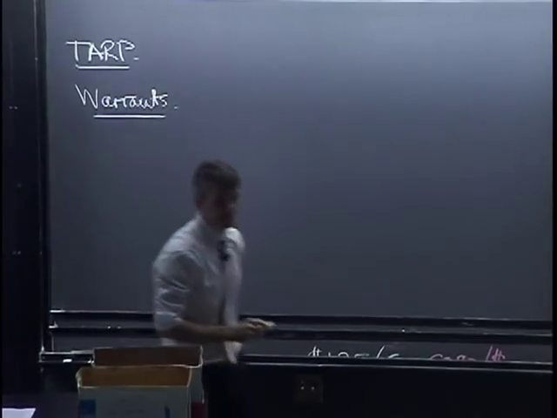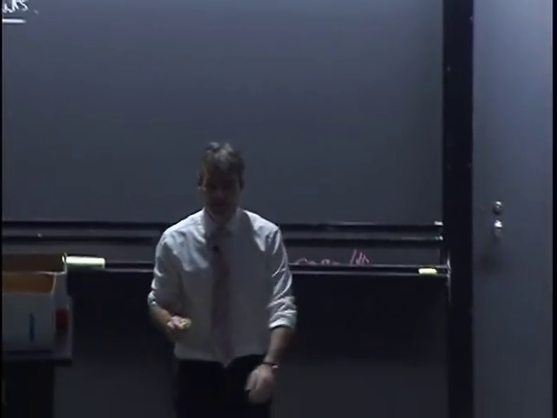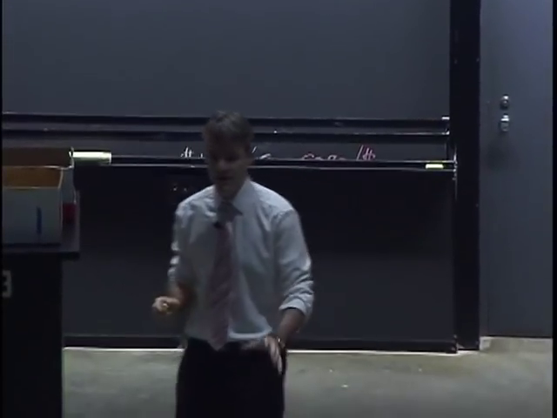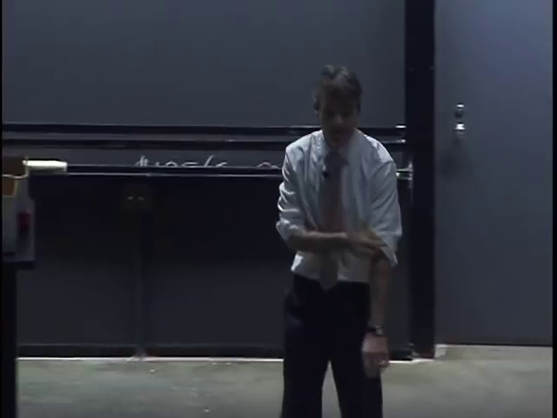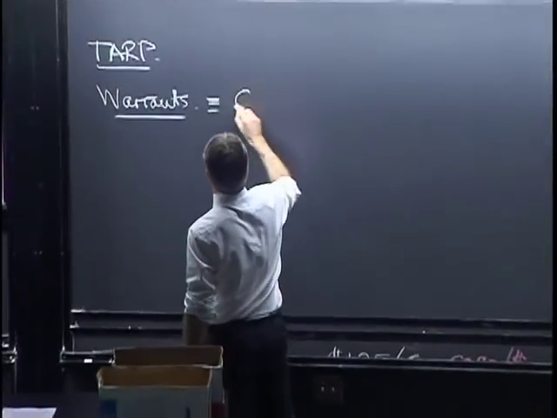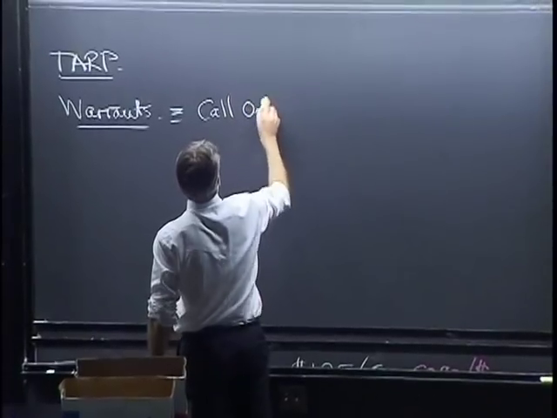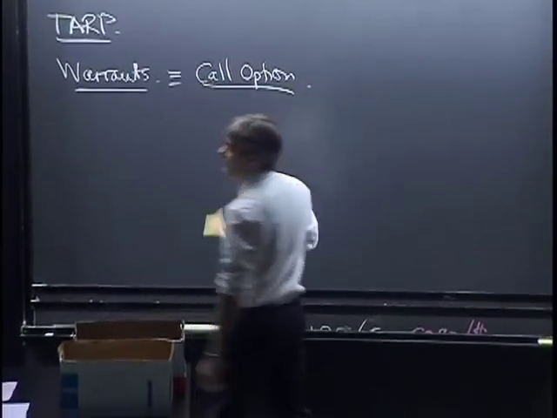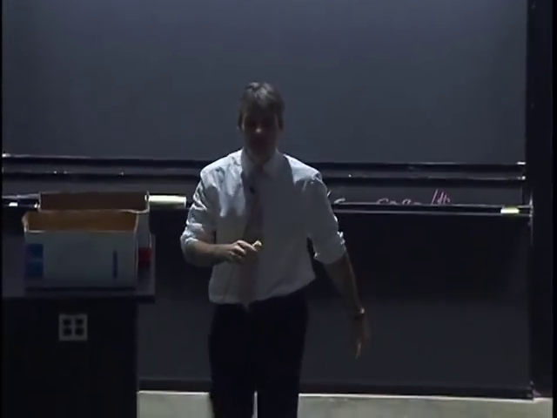Now warrants have nothing to do with being arrested or the legal system. A warrant is a type of financial derivative, equivalent to what's called a call option. And what a call option is, was the following.